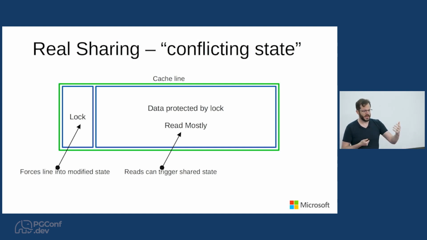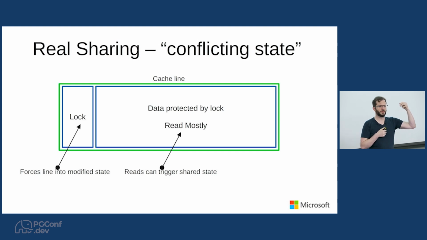We then have the problem that acquiring the lock will change the cache line into a modified state. Imagine that we acquire a shared lock and multiple backends, or multiple threads, acquire that lock.